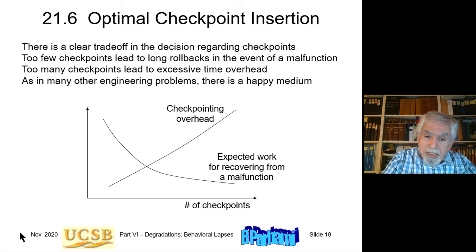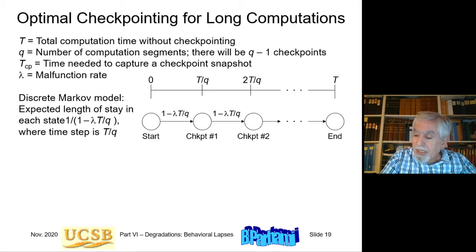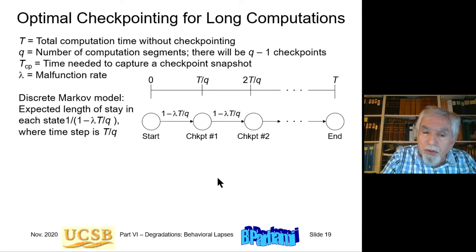Okay, so let's take an example. Again, there are a lot of simplifying assumptions in this example so that the computation is manageable, because we are basically doing manual computation. So assume we have a program that runs for time t, and I divide this program into q segments, equally spaced.